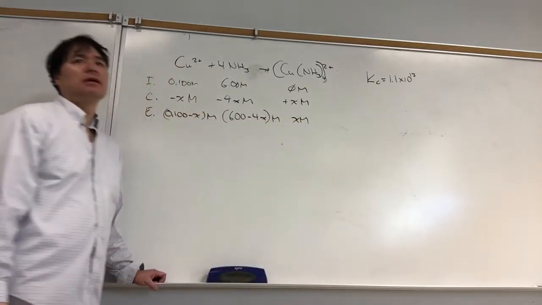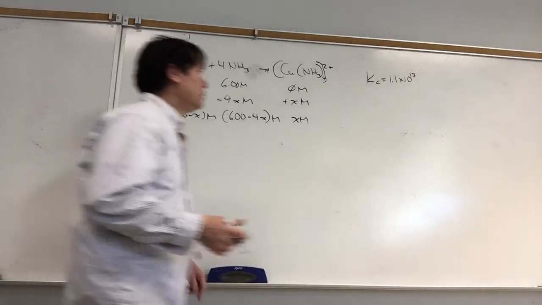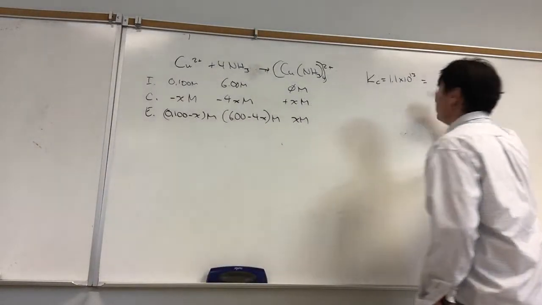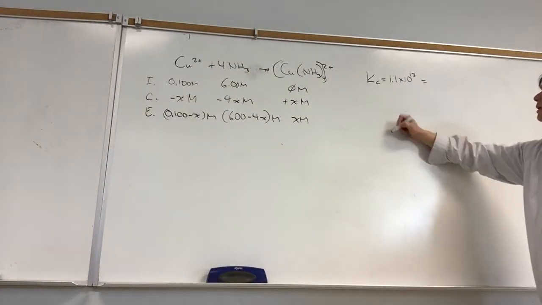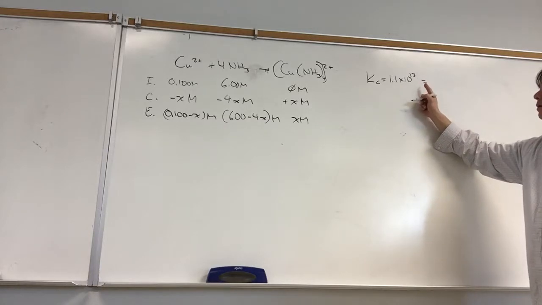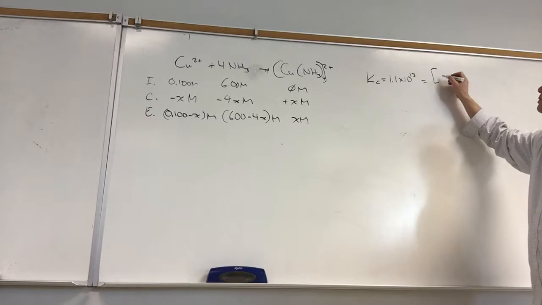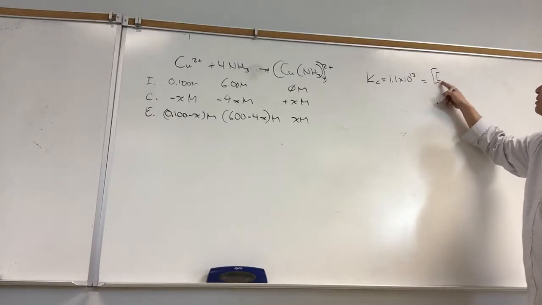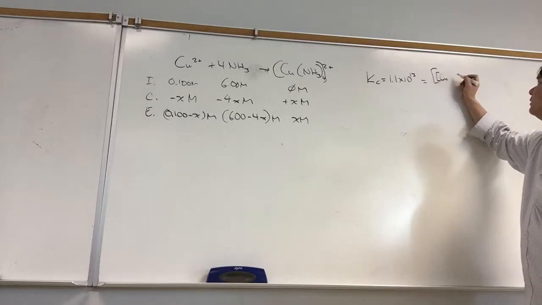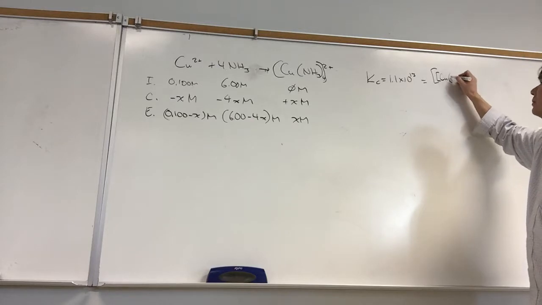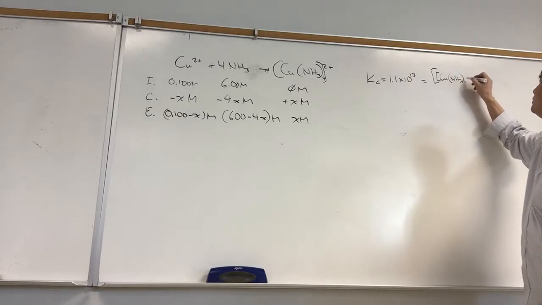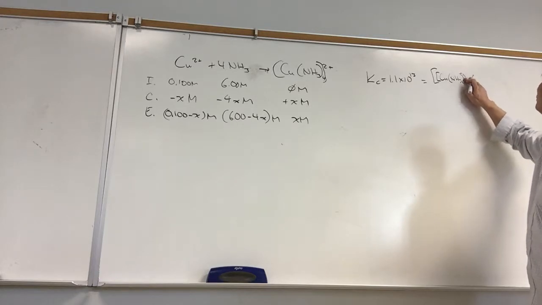X molar. All right, and then setting up the Kc equation, we should write it out here. We aren't going to put the X's in yet. We're going to put in the concentration of the products. What happens is now I have double square brackets. A lot of people, including me, don't really like to write double square brackets. So what I tend to do is get rid of one set of square brackets.